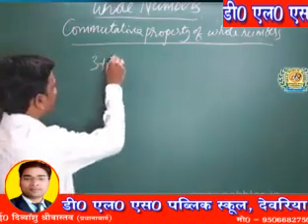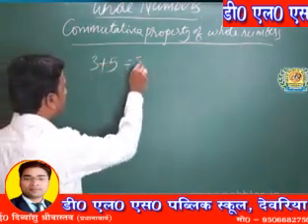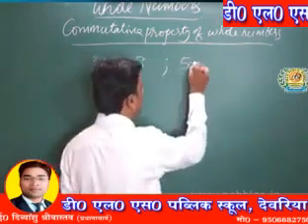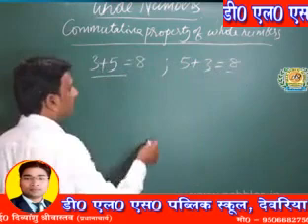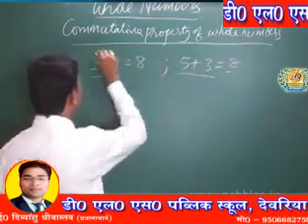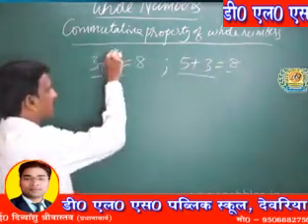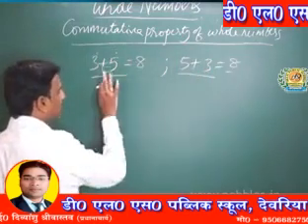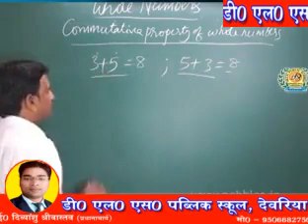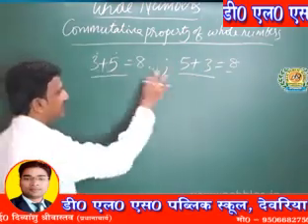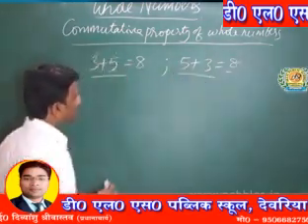Let us see the addition of two whole numbers. 3 plus 5 equal to 8. 5 plus 3 equal to 8. So here we have an addition of two whole numbers. In both the cases the whole numbers are same, but the pair order is changed. Here the same pair 3, 5, even 5, 3. The order is changed.